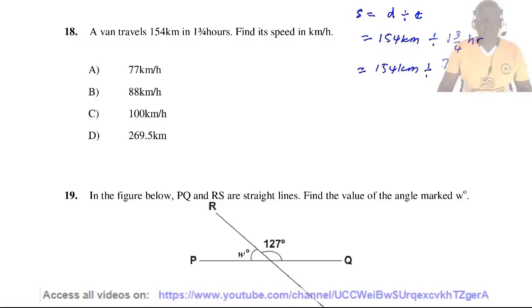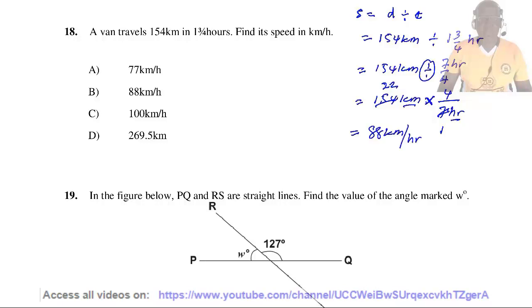So we shall get 7/4 hours. Now, this is equivalent to 154 kilometers times 4 divided by 7 hours. We reverse the numerator and denominator because we change the sign from division to multiplication. So 7 goes into 7 once, 7 goes into 154 twenty-two times. So 4 times 22 is 88 kilometers per hour. So the answer is B.